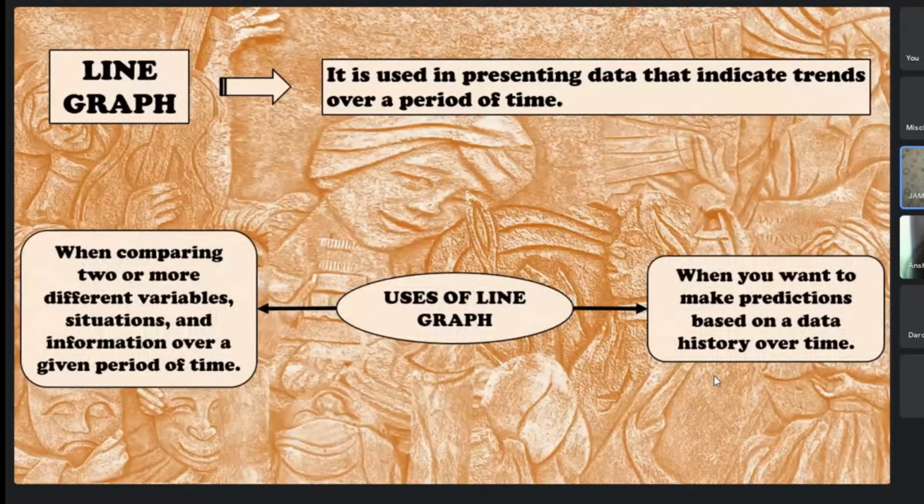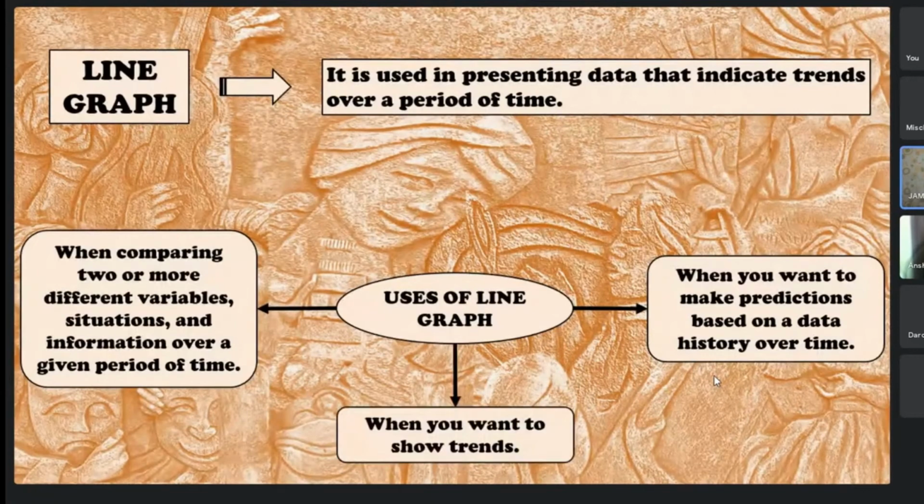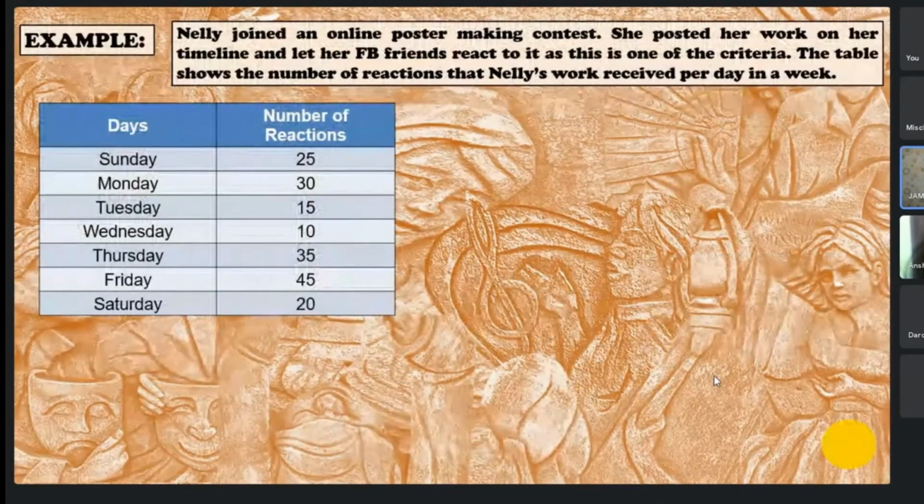We can also use a line graph when comparing two or more different variables, situations, and information over a period of time, and also if you want to make predictions based on data history over time. So the keyword for the line graph is to show trends over a period of time. For example, Nelly joined an online poster making contest.